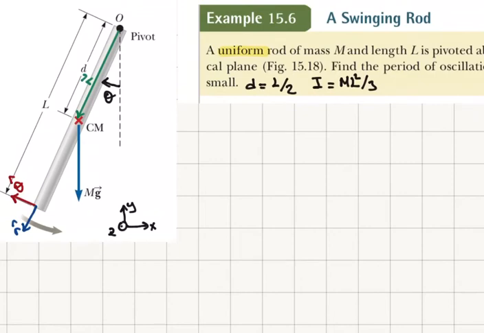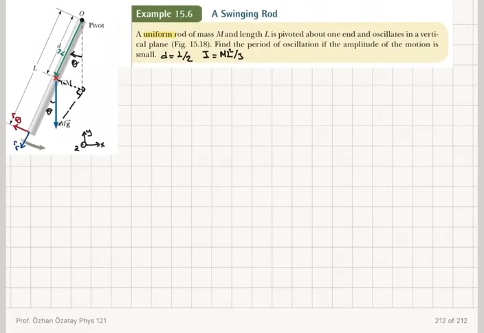Okay, so if I look at the torque that is caused by this gravitational force, I take the r vector from point O to the point of application of the force. Then I take the perpendicular component of the force here. So I find that, because this angle theta will be the same on this side, I'm going to get mg sine theta.